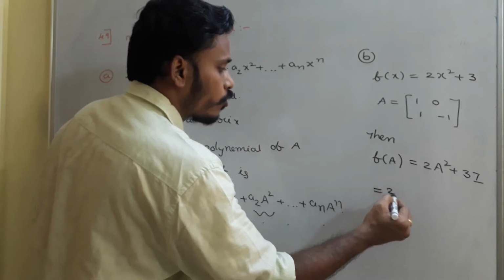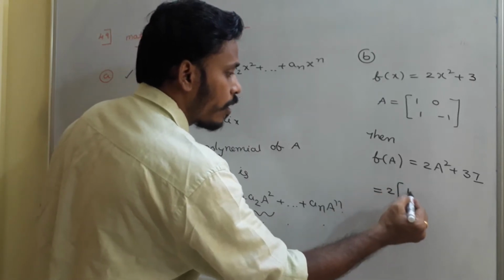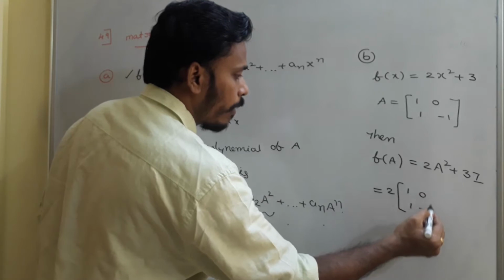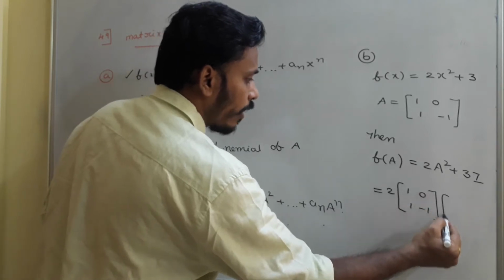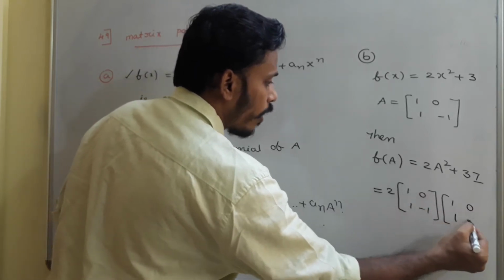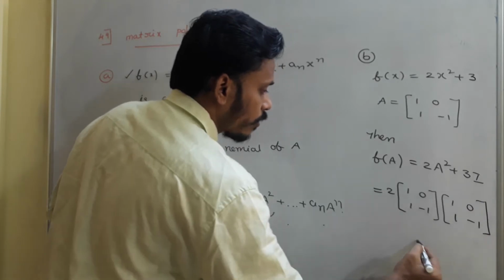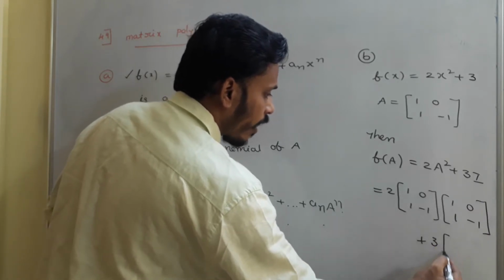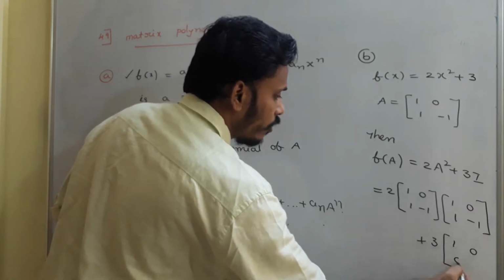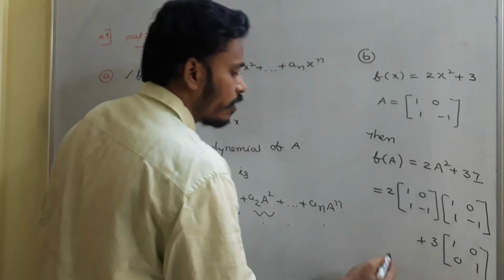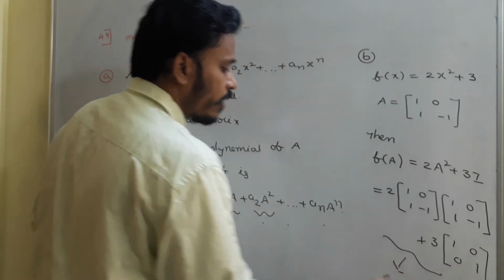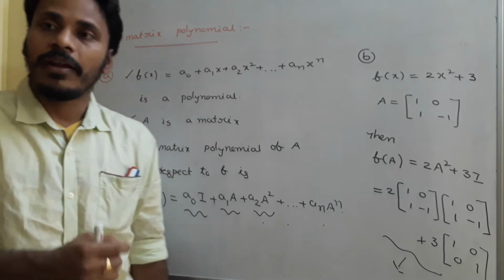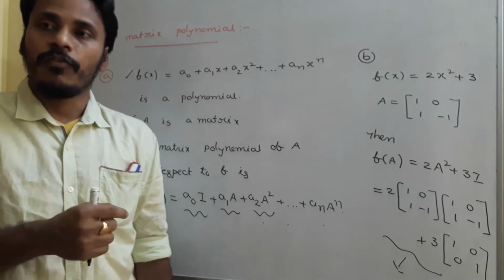So this equals 2 times A square, which is [1 0; 1 -1] into again [1 0; 1 -1], plus 3 times the identity, which is [1 0; 0 1]. You just simplify it and you will get the resultant matrix, which represents f of A.